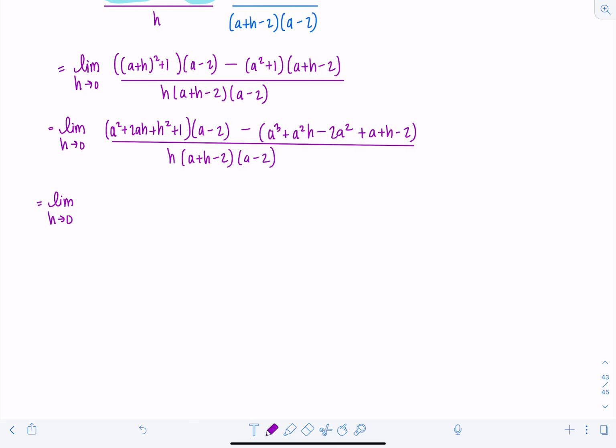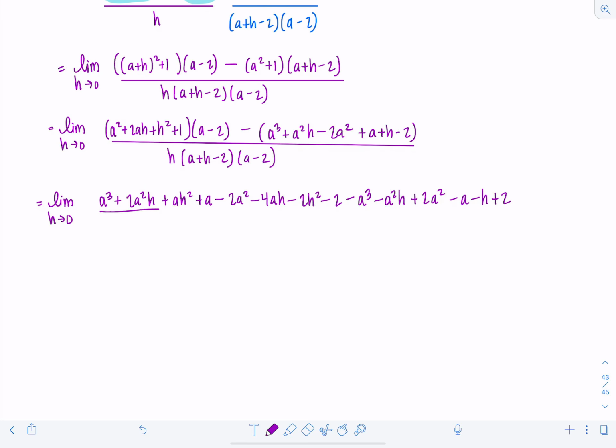So distributing out a squared, we're going to have a cubed plus 2a squared h plus ah squared plus a minus 2a squared minus 4ah minus 2h squared minus 2, and then let me distribute the negative while I'm at it, minus a cubed minus a squared h plus 2a squared minus a minus h plus 2, all over h times a plus h minus 2 times a minus 2.